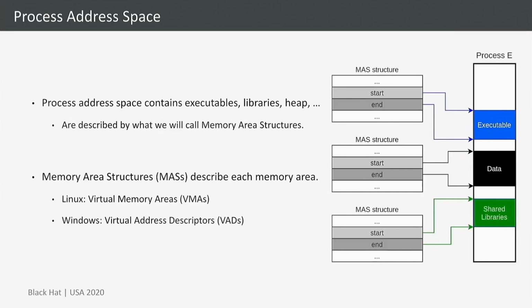On Linux, those are virtual memory areas. And as you can see, one thing that both those structures have in common is a start and an end pointer. So you can see here that the start address points to the beginning of the memory area and the end pointer to the end. And normally, every memory in the virtual address space of a process is described by at least one, or ideally by one memory area structure.